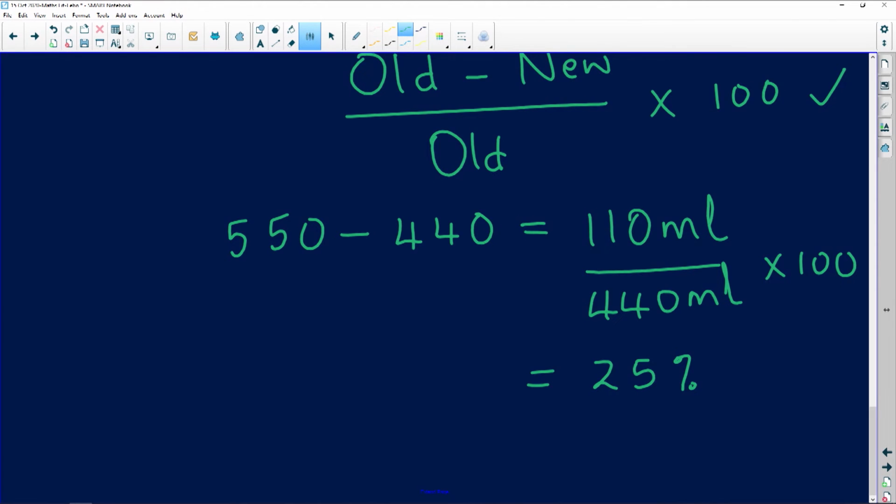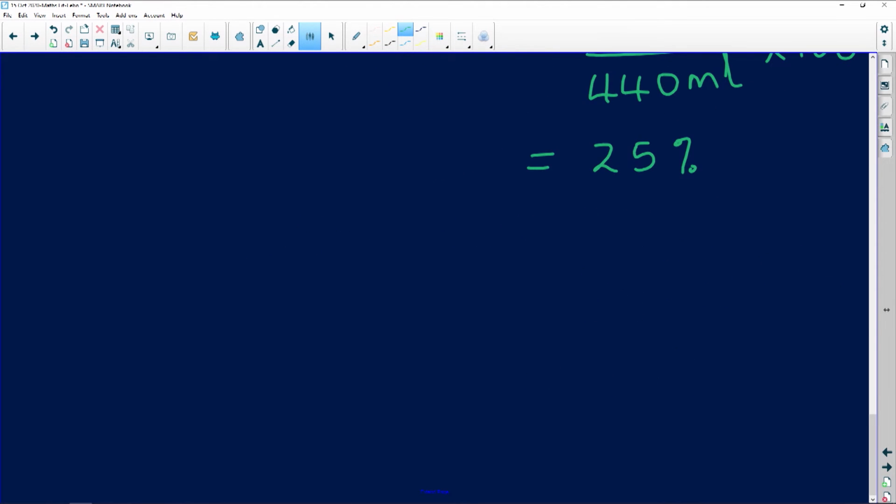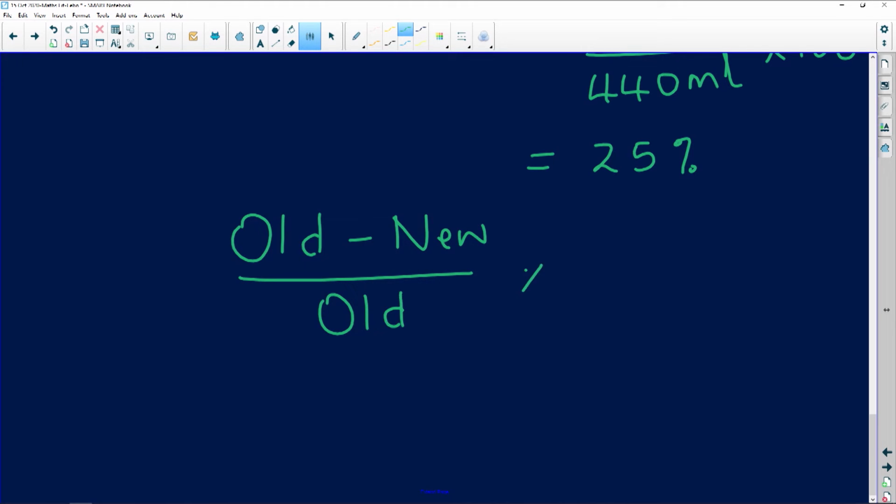I want to just quickly prove it on top of the formula that I've just given to you guys, because I don't want to give you something that does not work in all instances. So I said to you guys, old minus new all over old times 100. We want to see if it's going to give us the same as this. I don't want to give you guys false information.